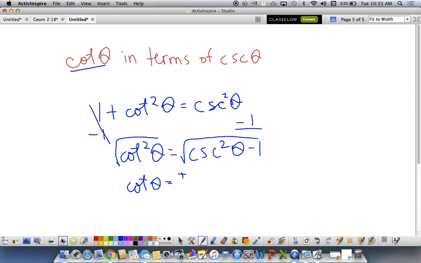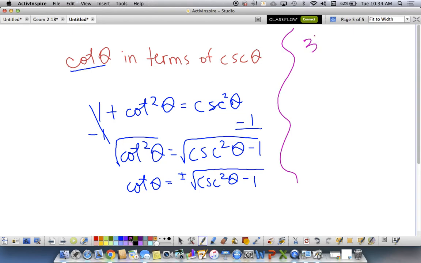Plus or minus the square root of cosecant squared theta minus 1. Now, algebra: can we take the square root of these separate pieces when they're being subtracted? I don't know. Can we?